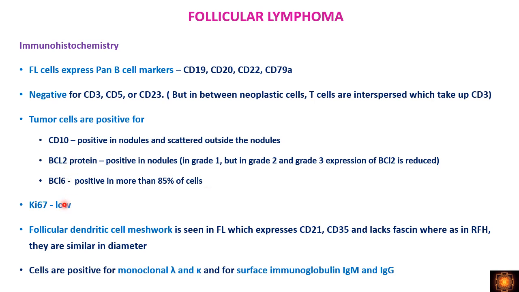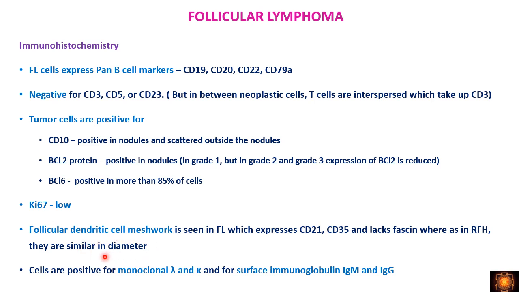In this the proliferation index, Ki67, is low, and we can also see the follicular dendritic meshwork. If we have to differentiate whether it's a reactive follicle or a follicle of follicular lymphoma, when we do markers like CD21 and CD35, which are for the dendritic cells, we see a widespread meshwork in the lymphoma, whereas in reactive follicular hyperplasia they are confined to the follicles and present within a similar diameter.